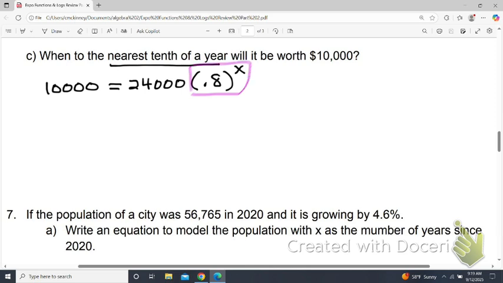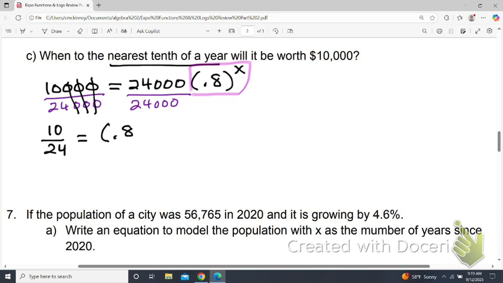So we're going to isolate that by dividing both sides by the 24,000. And then personally, I would simplify that a little bit by getting rid of some of those extra zeros that they have in common. Because then this is just 10 over 24, which you could also reduce down to 5 over 12, but it's absolutely going to give you the same answer if you leave it 10 over 24.